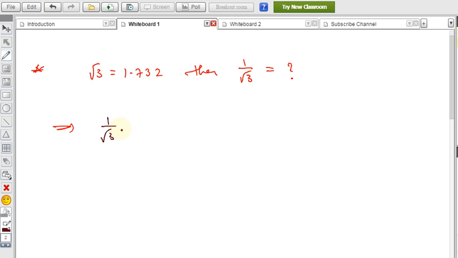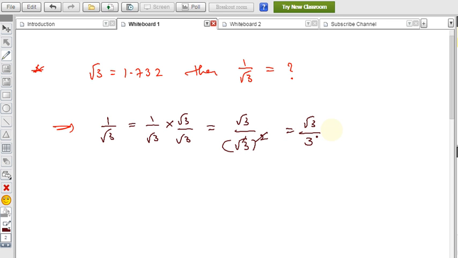For 1 by root 3, just multiply by root 3 by root 3. 1 into root 3 is root 3, and root 3 into root 3 is root 3 whole square. So the square root cancels, giving root 3 by 3. Now root 3 is 1.732, so 1.732 by 3.